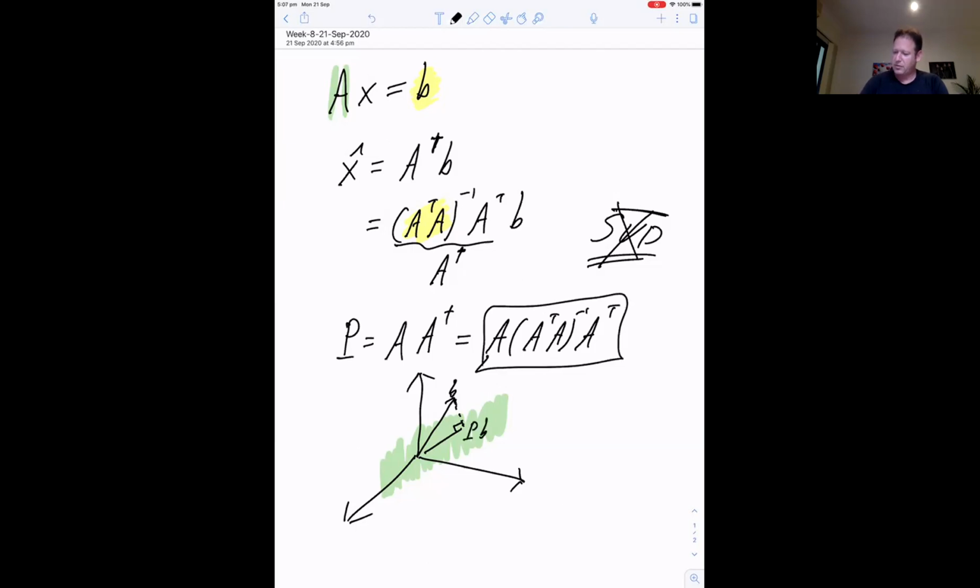So is a projection matrix square? Is a projection matrix a square matrix?